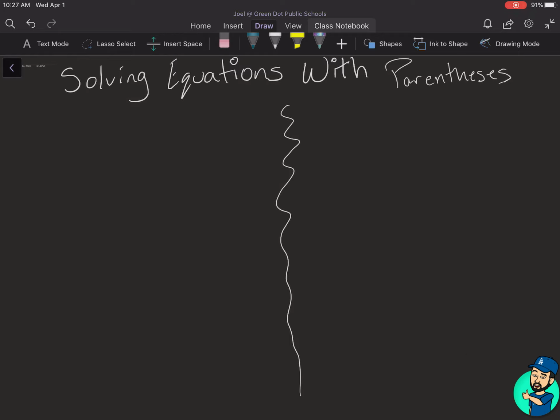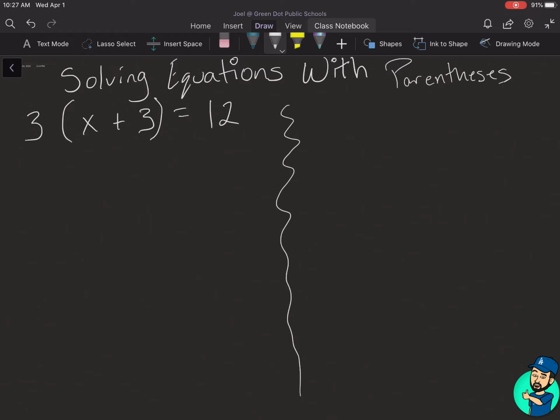Alright, let's see. Here's another one. 3 parentheses x plus 3 close the parentheses equals 12.